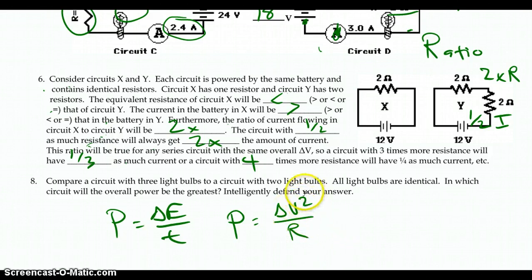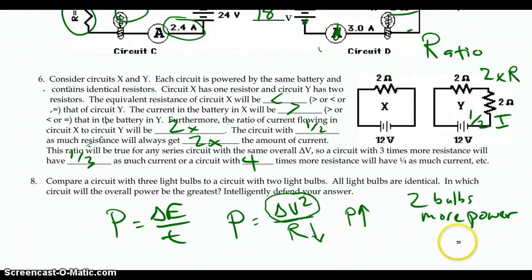Now, for a given potential difference that is set, if we decrease the resistance, then that means the power is going to go up. So in this case, it's actually the circuit with 2 bulbs which will use more power.